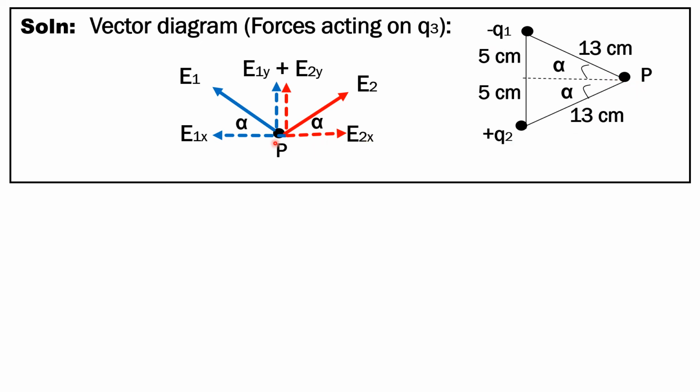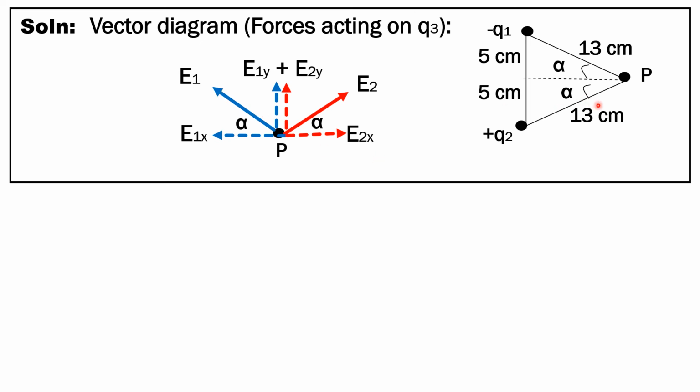So here is our vector diagram. First, just look at the solid arrow. At point P, we label the electric field due to Q1. Why is the arrow directed towards negative Q1?